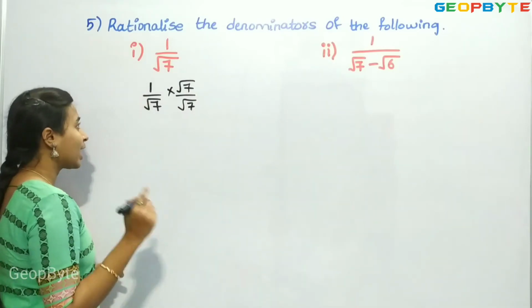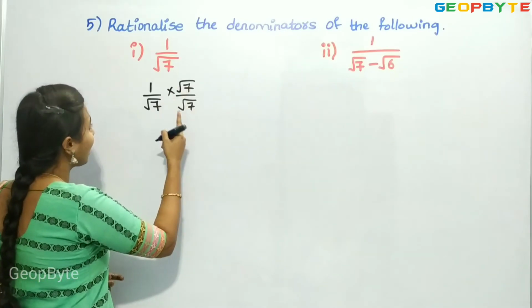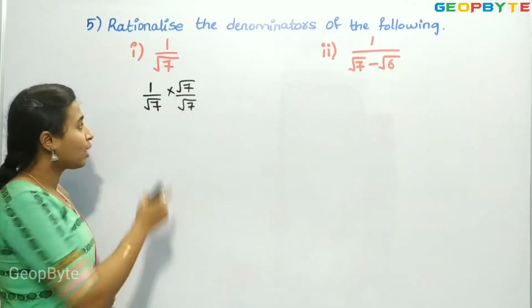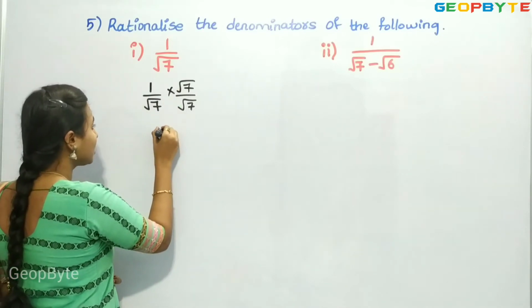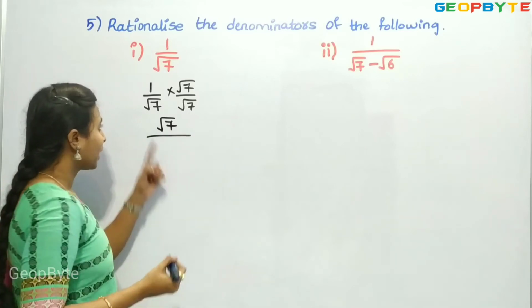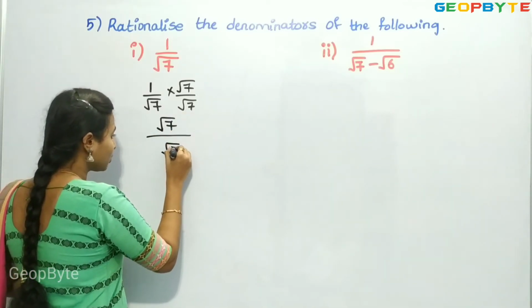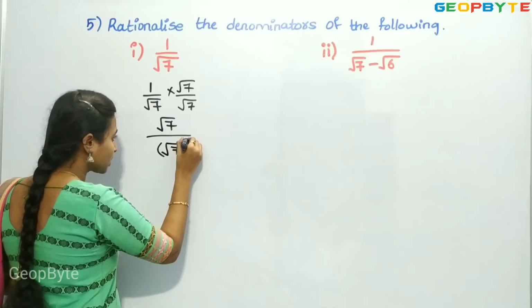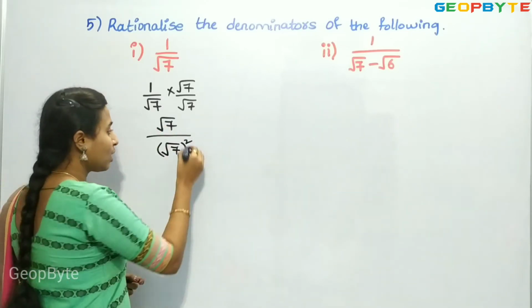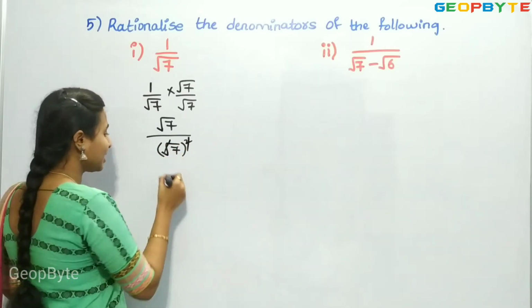That's why we are multiplying and dividing by root 7. Now, 1 into root 7 gives you root 7 by root 7 into root 7, that is nothing but root 7 whole square. Now, square and root get cancelled.